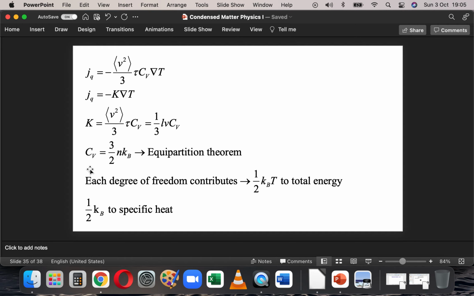So the classical value of CV is an overestimate by 100. The classical expression for the velocity is an underestimate by 100. So this overestimate into underestimate by the same amount cancels off, and that is why Drude was able to get a reasonable match for the thermal conductivity. It was a happy accident.